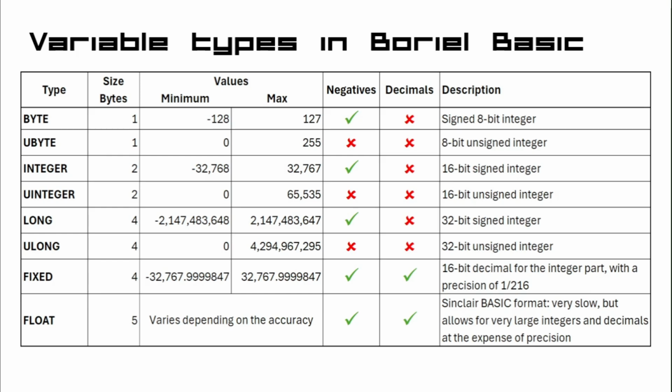For example, if integer is too small for the score or you need decimals. Fixed uses less memory, but does not have much precision in decimals, although it is faster, as it does not use the Spectrum ROM. Float, on the other hand, has more precision, but using ROM slightly penalizes performance.